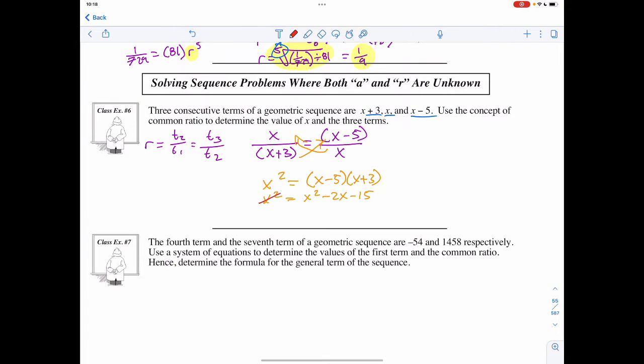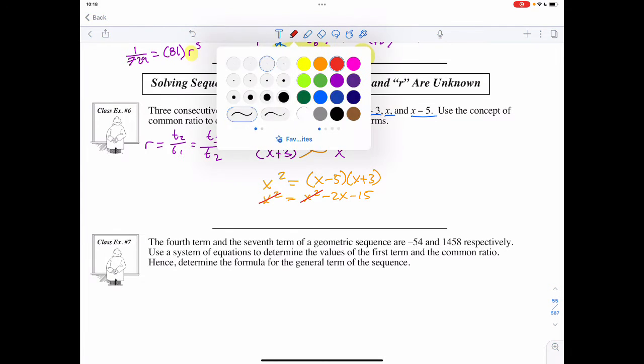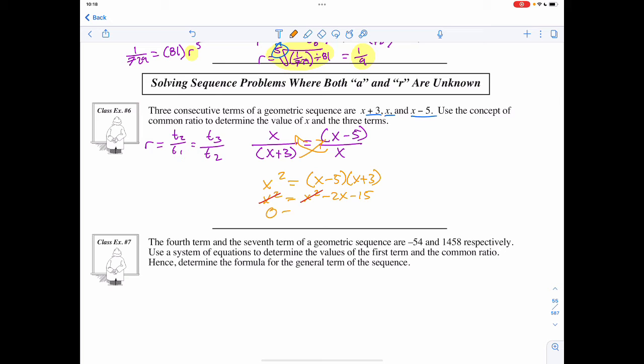When I take away an x squared from each side, now I just have a linear equation I can solve. 0 is equal to negative 2x minus 15, which means that 2x is equal to negative 15, and x is equal to negative 15 over 2.